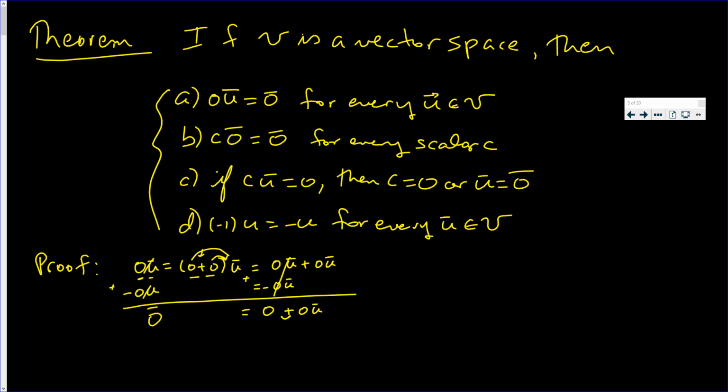But this is regular addition. So we have the 0 vector is equal to 0 times the vector u. But this is exactly what I wanted to show. So that one is done.